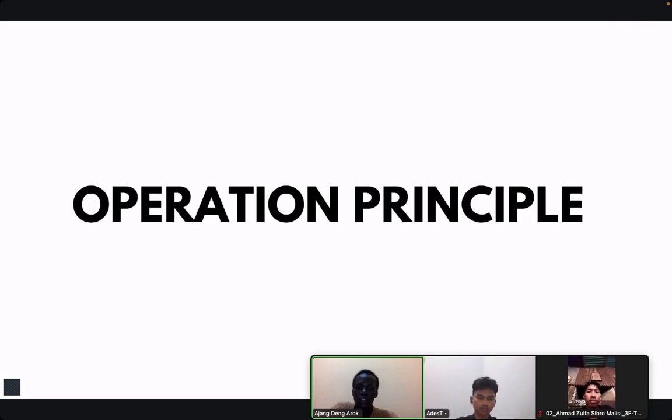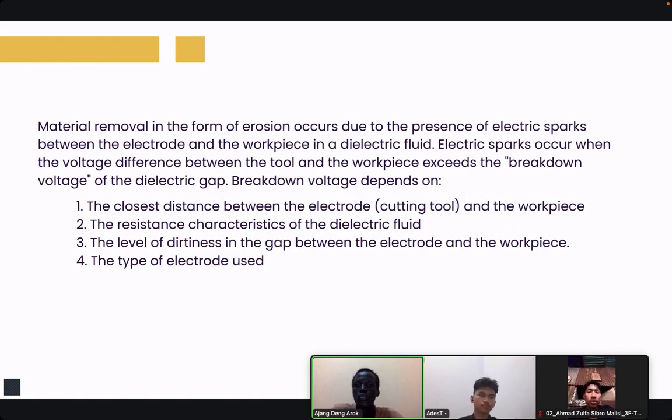So these are the working principles of electrical discharge machine. Let's go ahead. Material removal in the form of erosion occurs due to the presence of electric sparks between the electrode and the workpiece in the electric fluid. Electric sparks occur when the voltage difference between the tool and the workpiece exceeds the breakdown voltage of the electric gap.